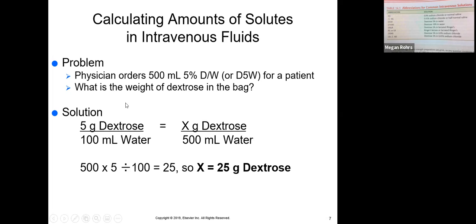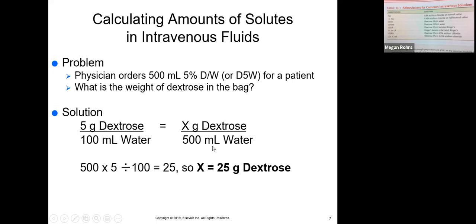And they're asking what is the weight in the bag? Well, we know that the bag, they're ordering 500 mils. So we're going to use ratio and proportion. When you set two fractions equal to each other, make sure that your units are equal to each other.